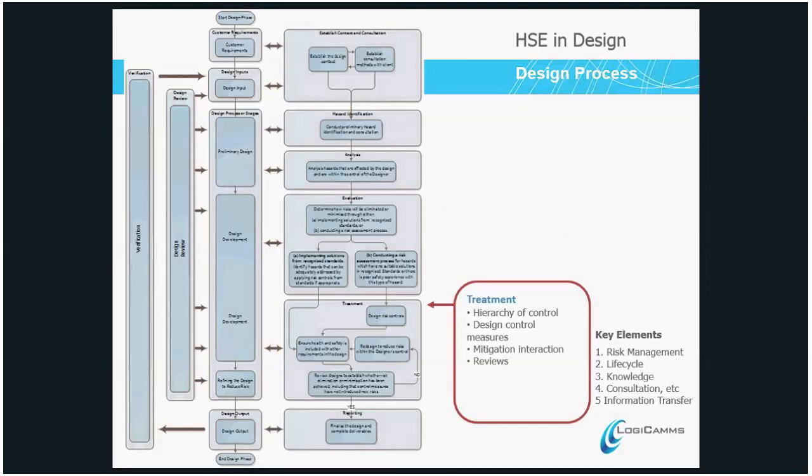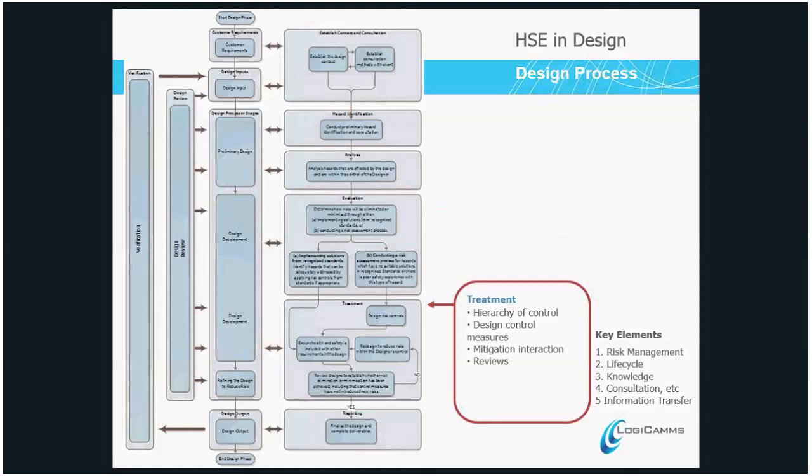The treatment. So once we've understood how we're going to approach it, how do we treat that risk, and we'll do that through our design, and we use the hierarchy of control, the design measures that we use to either eliminate or certainly minimise the risks as much as we can.